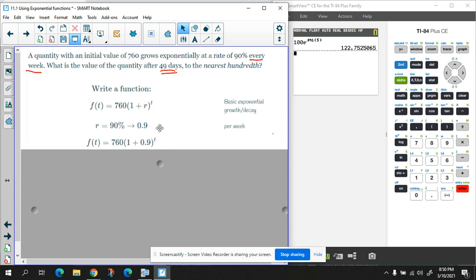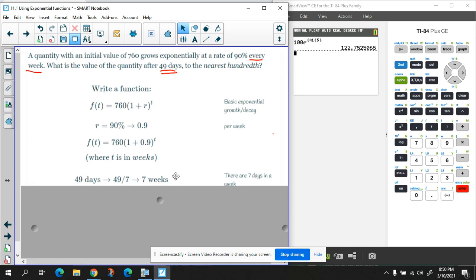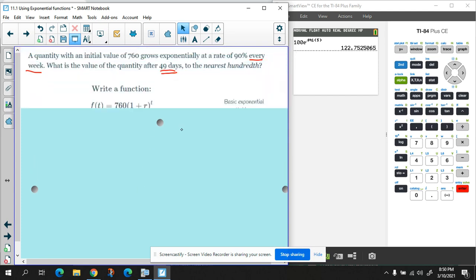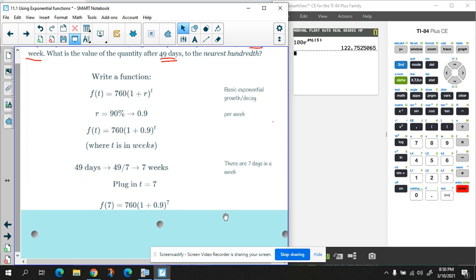But then t is where we have to work a little bit harder. To figure out what we're going to insert for t, you need to switch 49 days into weeks. 49 divided by 7 will tell you how many weeks, and that's the number we use for t. So plugging in 7 for t and then typing that on the calculator will give us this number here.